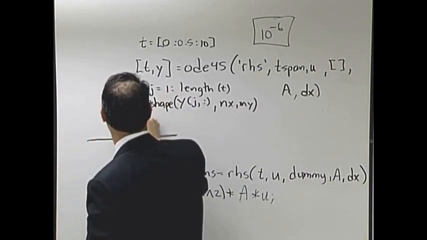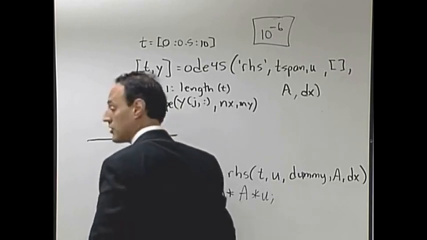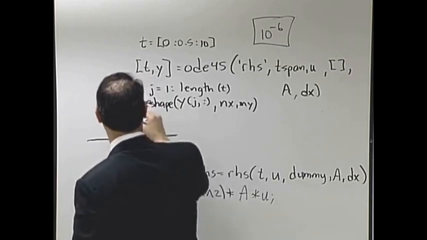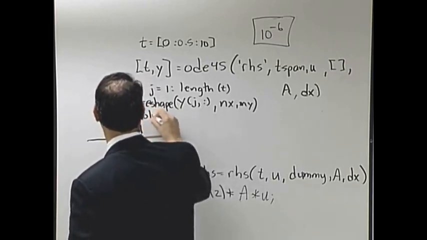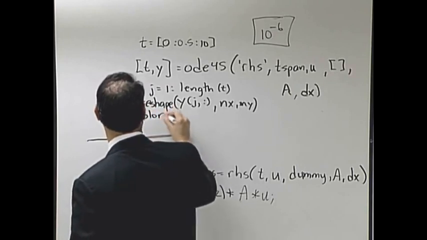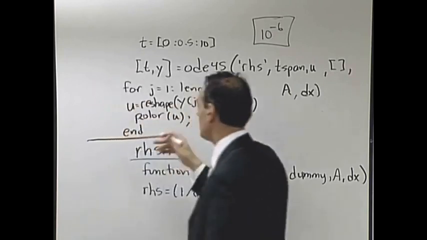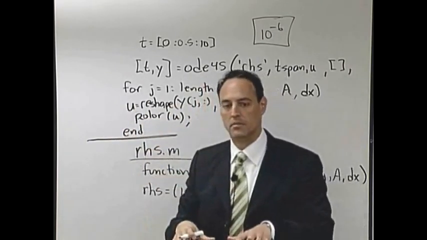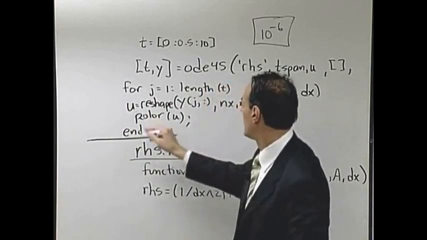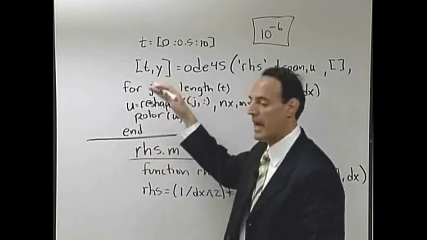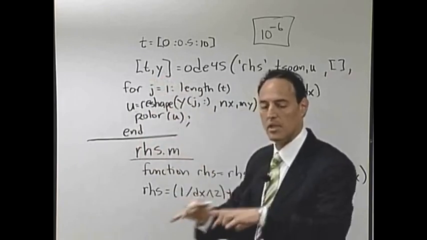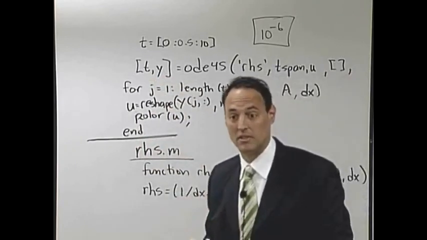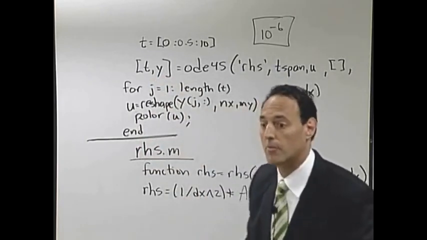And then, it's a 2D plot, so you could use something like, there's a command called pcolor. And this will show you a top view of this thing. So pcolor, u, and then it comes back, does the next one, the next one, the next one. So you almost see like a little movie up there. Okay, we'll play around with plotting like this.